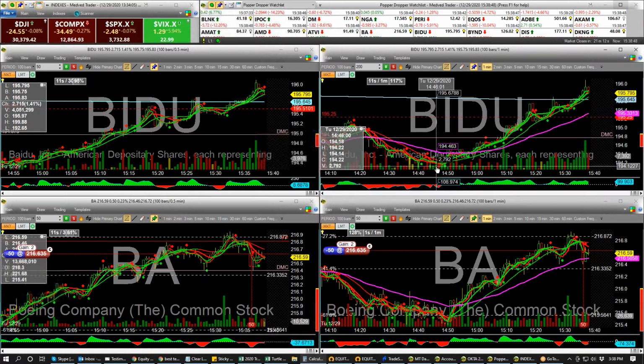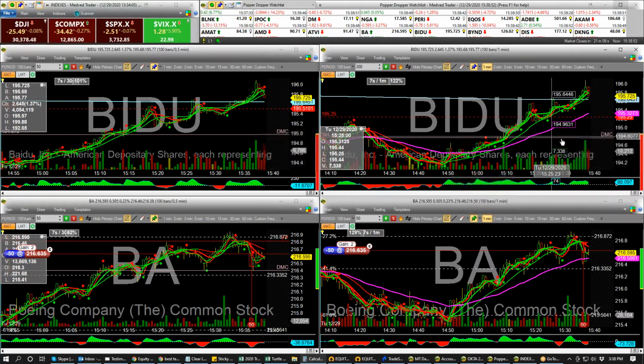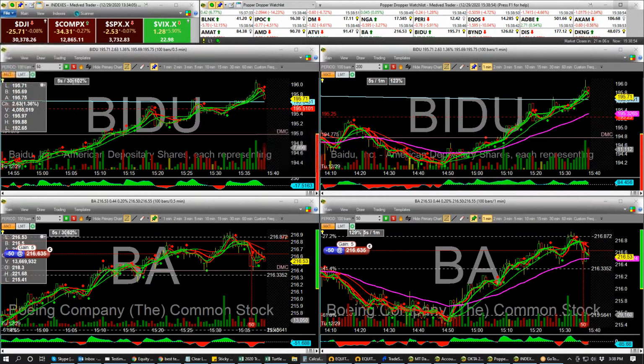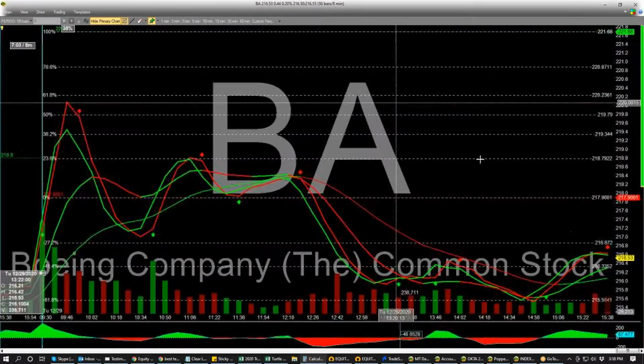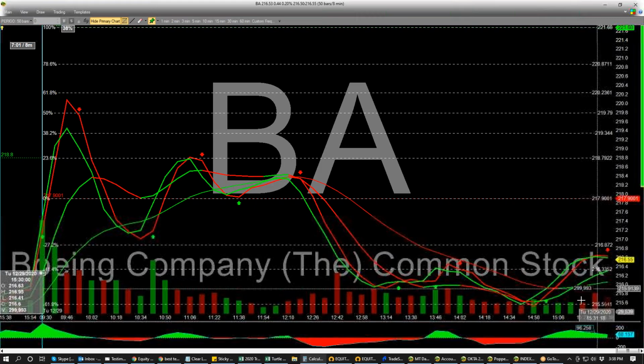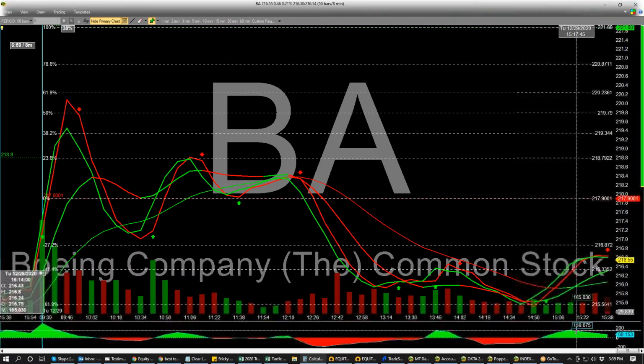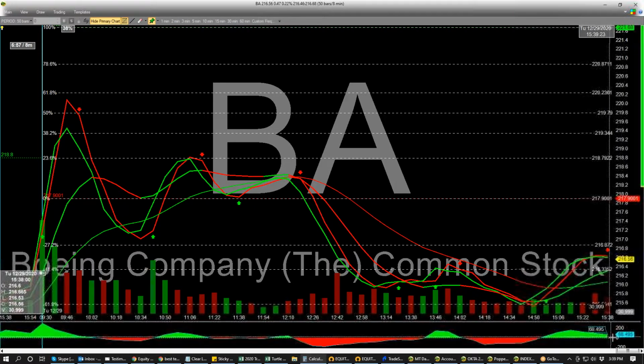All right, we're catching another rollback down on BA. Also, the 8-minute, again, let's go back to the 8-minute. Now we have our arrow down. You can see the weakness in the CCI. It's starting to drift lower.